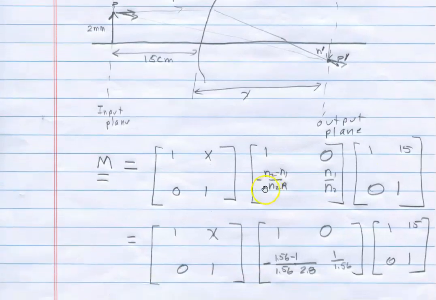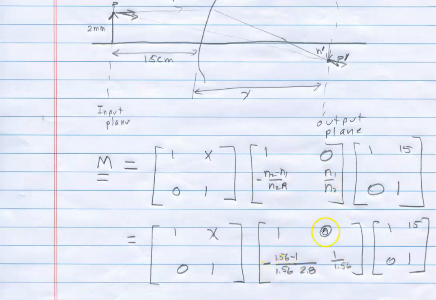I can fill those in pretty easily as well. n1 was 1, that was air, and n2 was 1.56, and the radius, using our sign convention for convex, is positive, so R is positive 2.8 centimeters, and then I've got this overall minus sign.